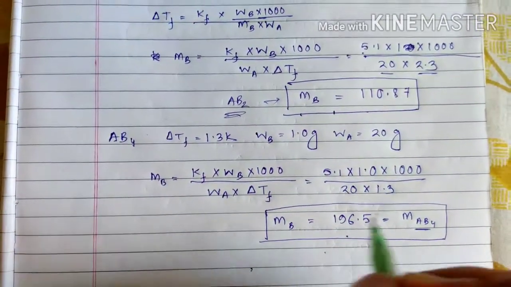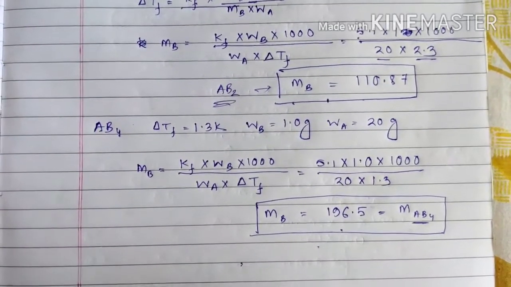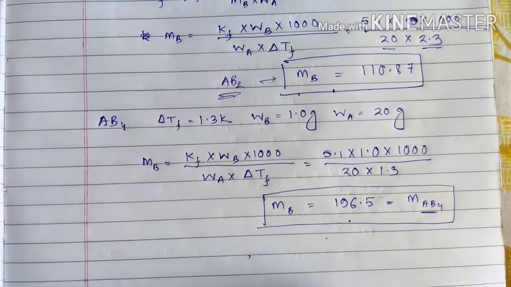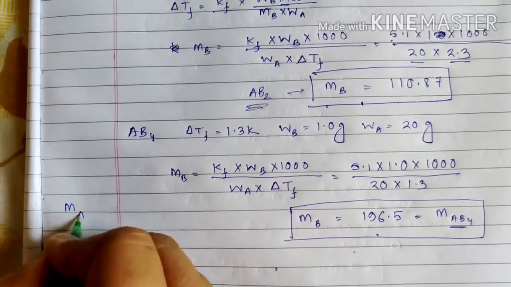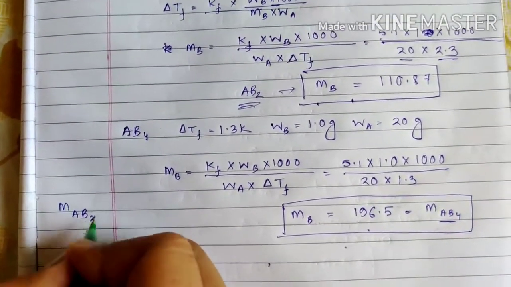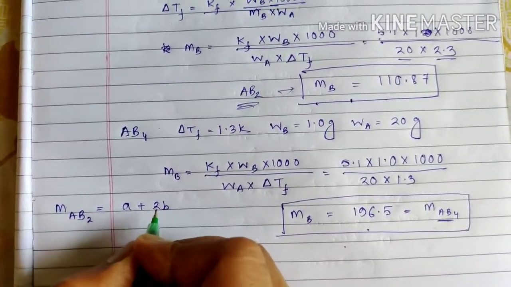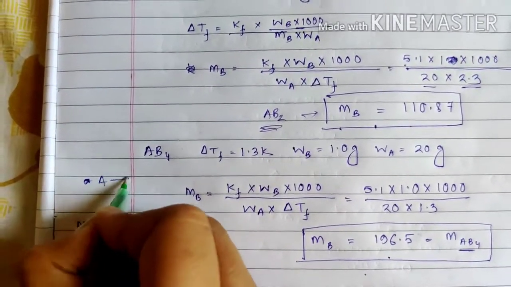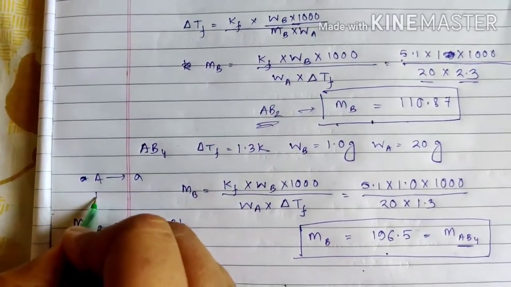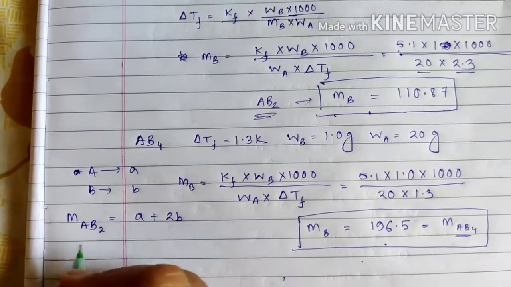Now after getting these two values, this is not the question, by the way. We have to find out the atomic mass of A and B. So how to get it? Here you see, for AB2 we can write A plus 2B. We are considering the atomic mass of A as small a, and the atomic mass of B as small b.